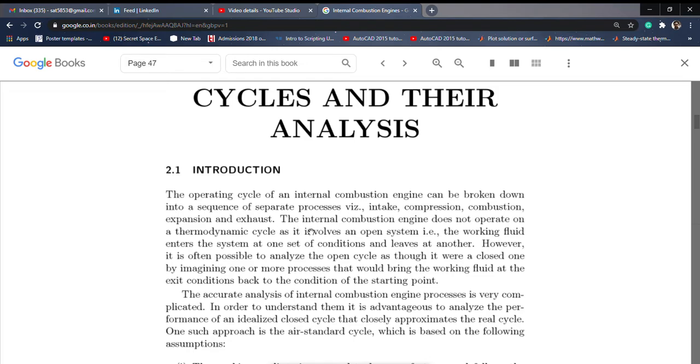But the internal combustion engine does not operate on a thermodynamic cycle, as it involves an open system. Whatever actual engine we have, they operate in the actual environment, in an open system.